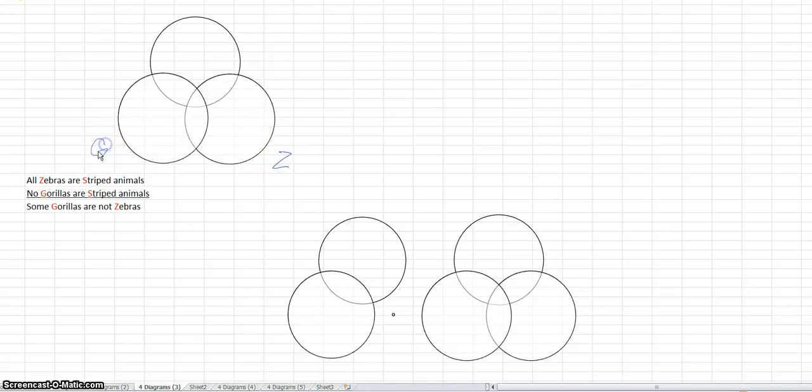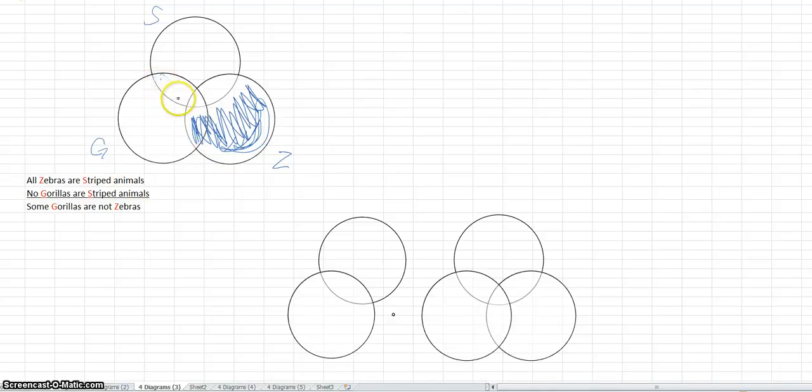We know that gorillas are the subject, and we know that striped animals are the middle term. So all zebras are striped animals. So we're going to shade this part, right? Then what we're going to do is look at no gorillas are striped animals.